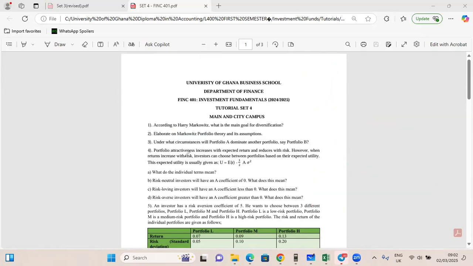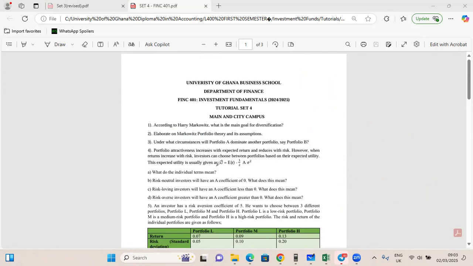So we are done with 3. Question 4. Portfolio attractiveness increases with expected return and reduces with risk. However, when returns increase with risk, investors can choose between portfolios based on their expected utility.